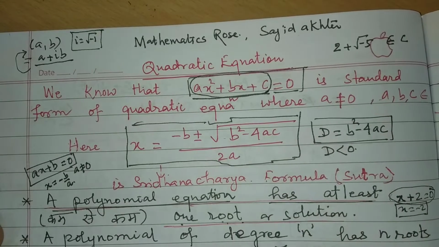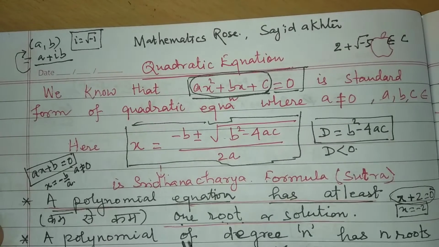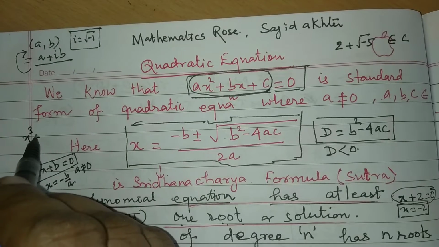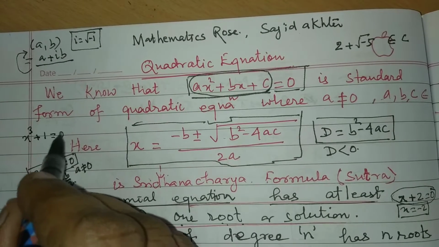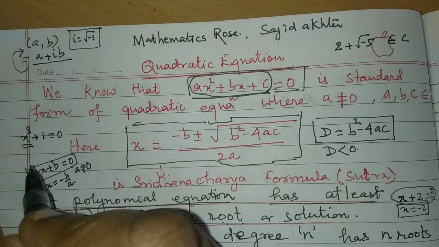Now suppose a cubic polynomial, if we take the equation x cube plus 1 is equal to 0. How many roots does x have?